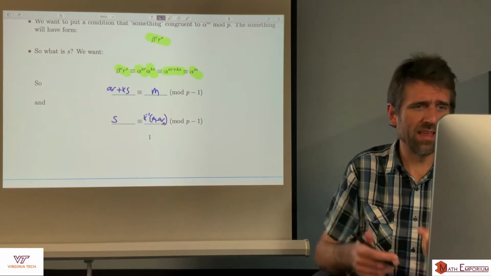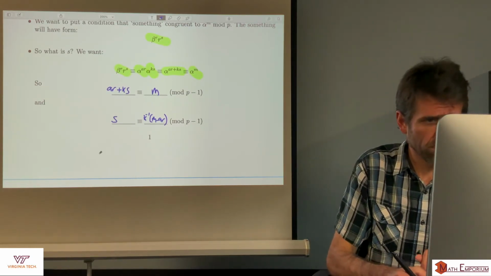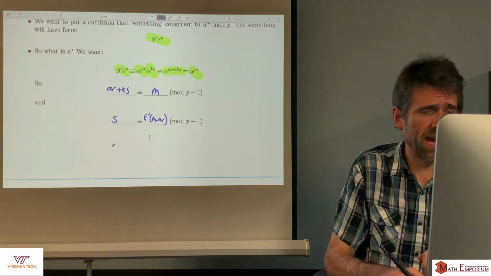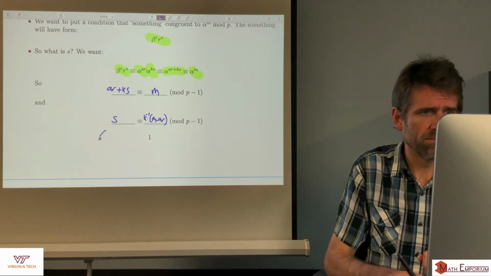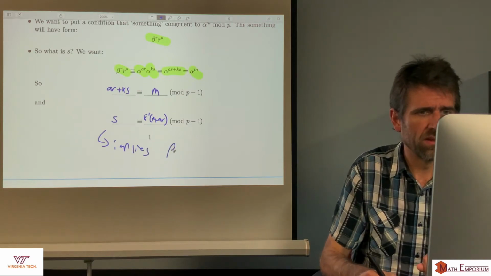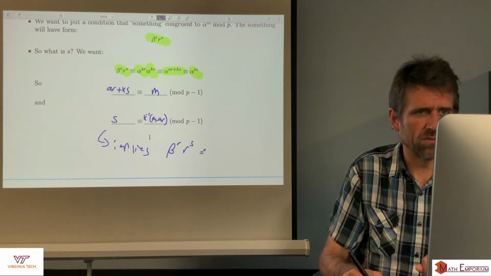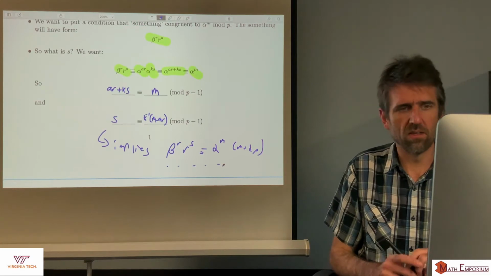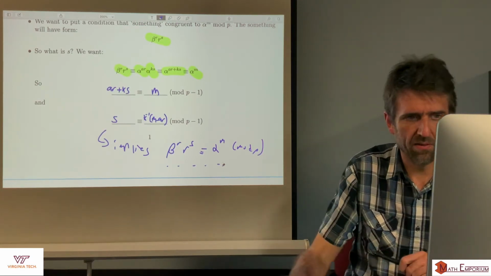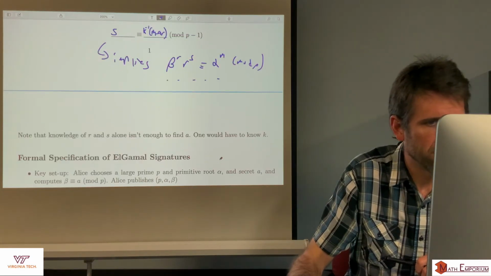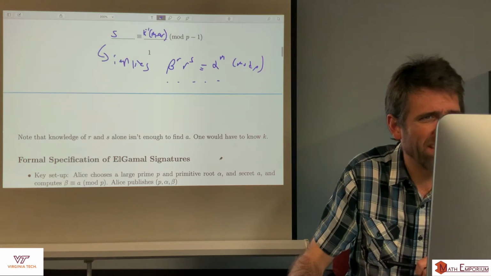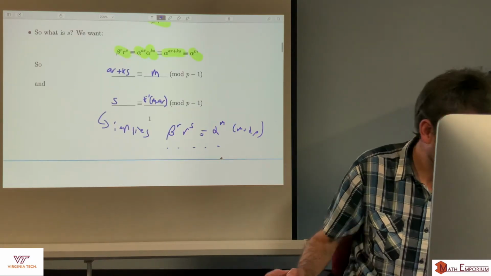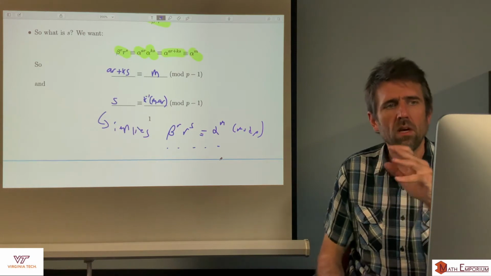And so we can see that if we do use this as s, this implies that beta to the r, r to the s will be congruent to alpha to the m mod p. So this is going to be the verification condition that we're going to use in this signature scheme.